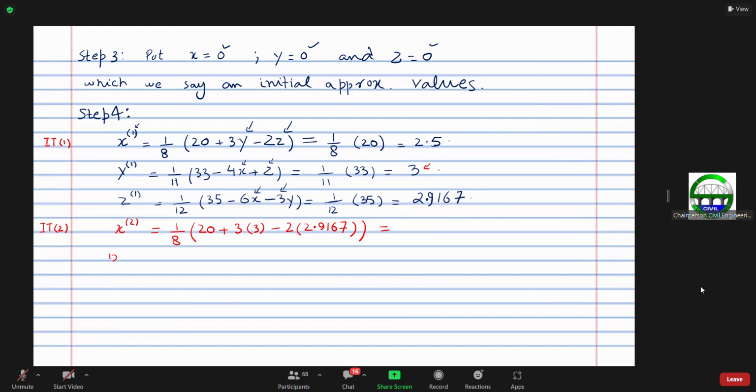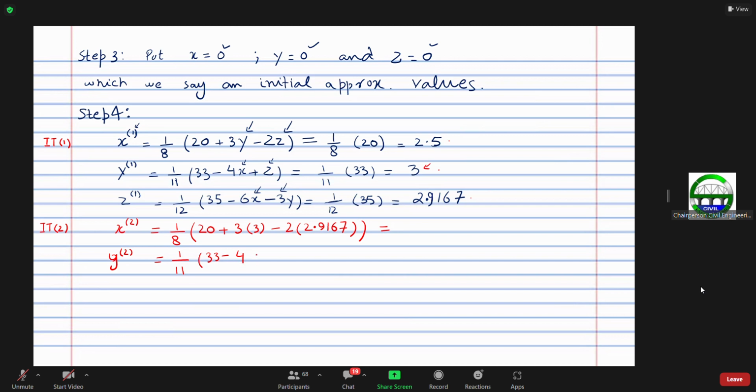So the value of y, second iteration, will be equals to 1 over 11, right? 33 minus 4. What is the value of x? Can anyone tell me the value of x?